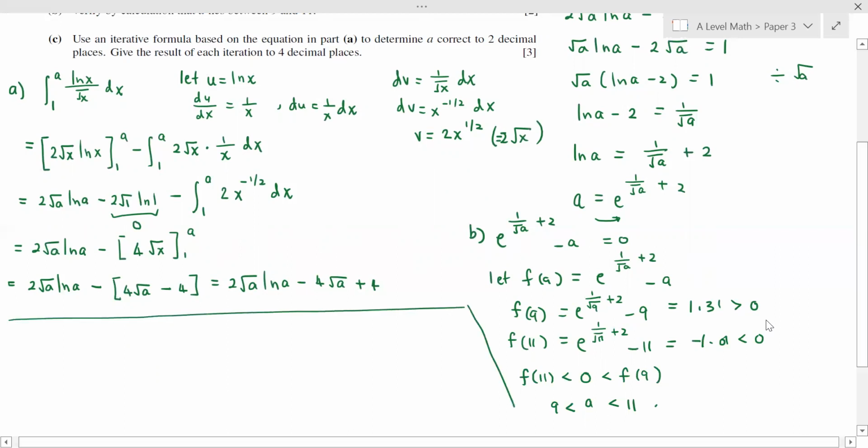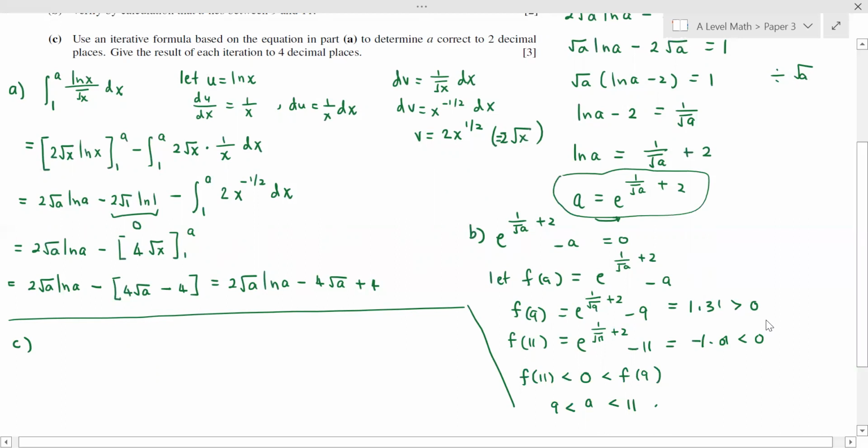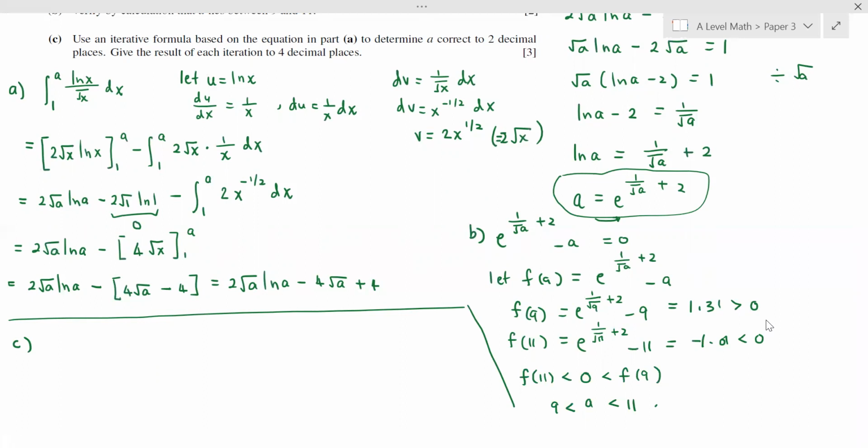Part C, use an iterative formula based on the equation in part A, to determine a correct to 2 decimal places, and the result of each iteration is to 4 decimal places.